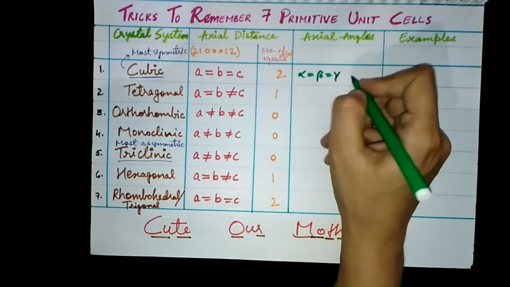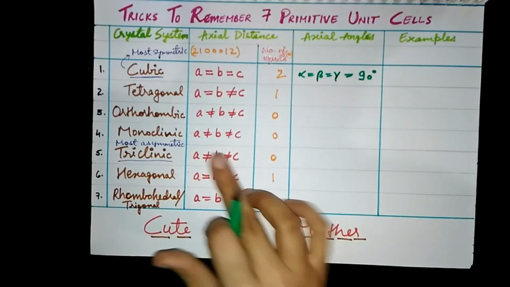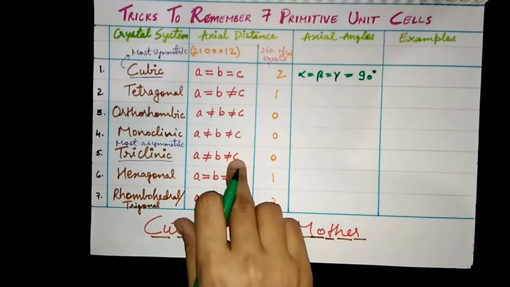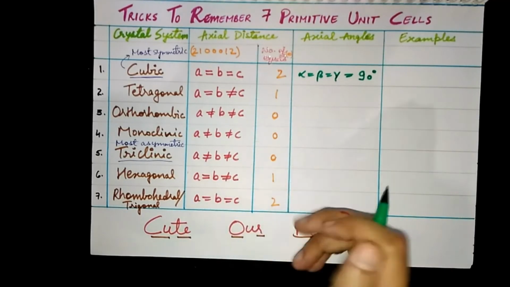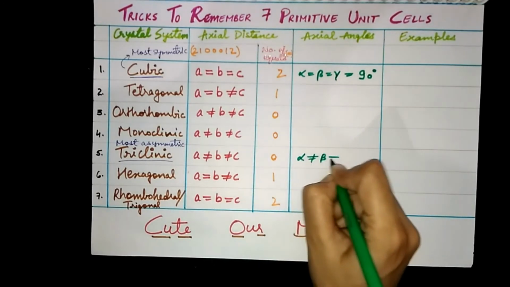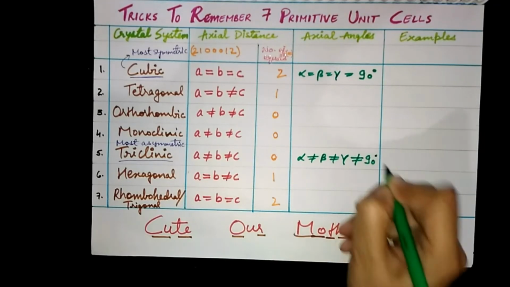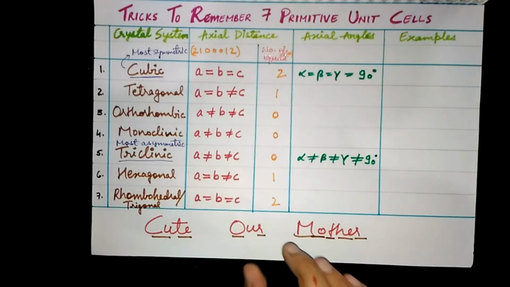And here these will be equal to 90 degree. And this most asymmetric triclinic, that means all the distances are unequal, also all the angles will be unequal. That means alpha not equal to beta not equal to gamma, and it will also be not equal to 90 degree. So I think this is very simple.